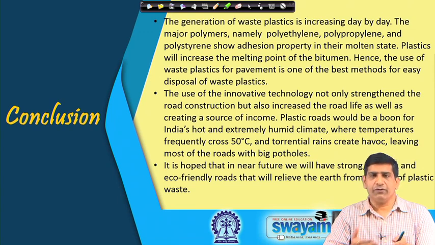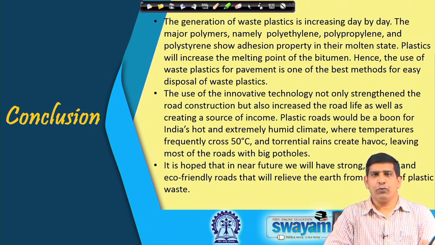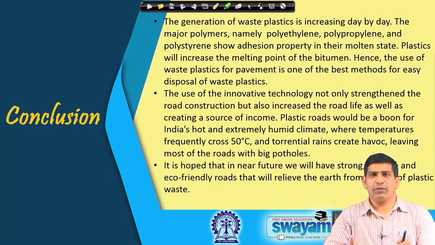The use of this innovative technology makes the road better, increases the life of the road, and creates a source of income. ULBs can now fund plastic waste: they can get the plastic waste sorted out from other waste streams, and then sell this plastic waste for road construction.